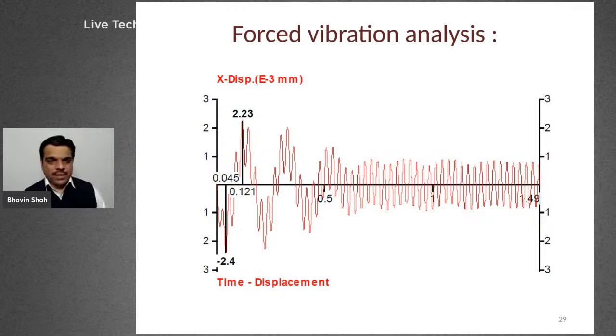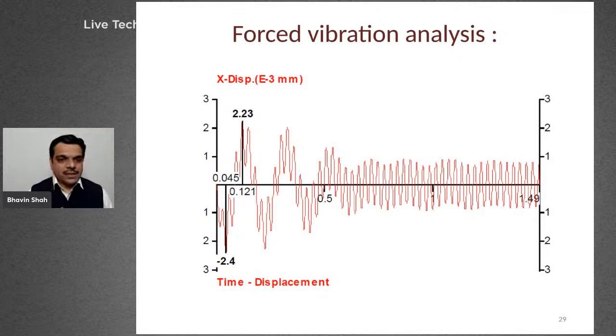Whenever we start the machine, it does not attain the speed immediately from 0 to this higher frequency. That's why we get a certain peak value, or the vibration could be higher in the initial period of time.